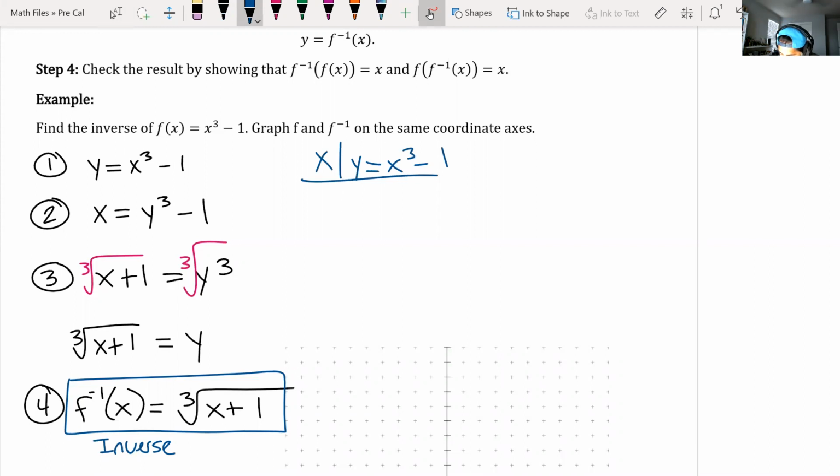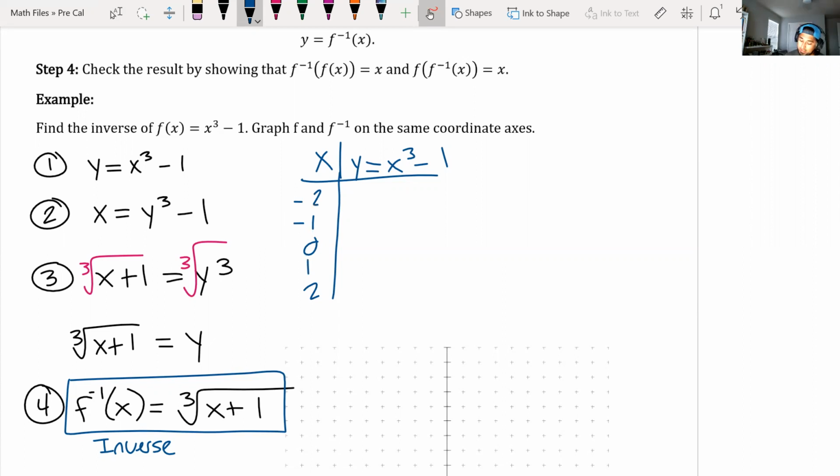What are some common points to pick when graphing any function? How about we just choose -2, -1, 0, 1, 2. The most common x values to choose when graphing a function, right?